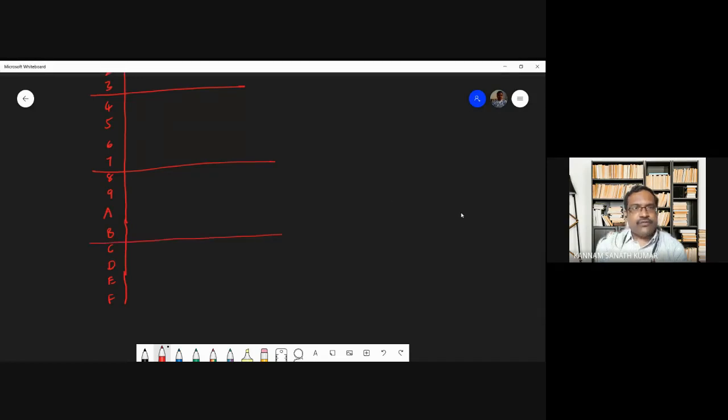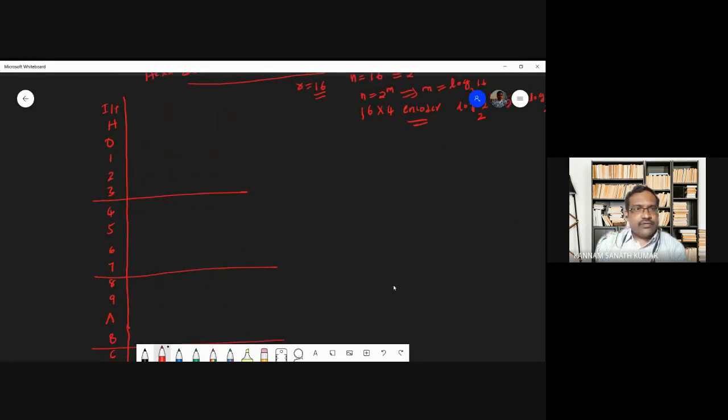Here, this is the input and you have the outputs B3, B2, B1 and B0. These are the outputs.